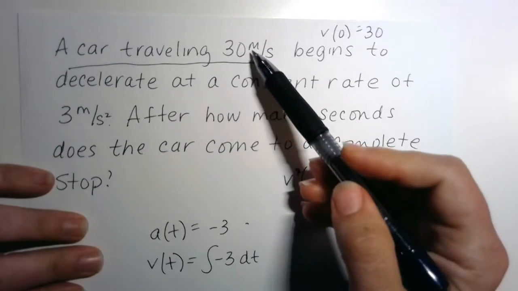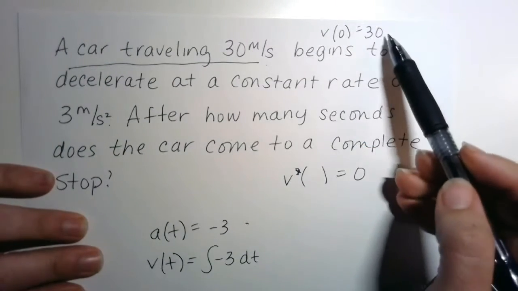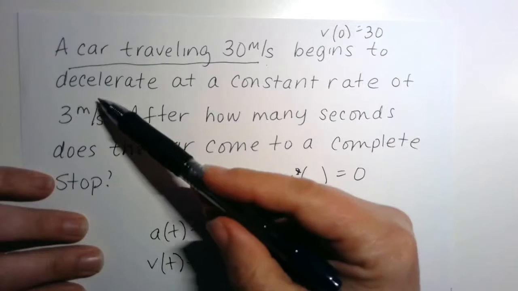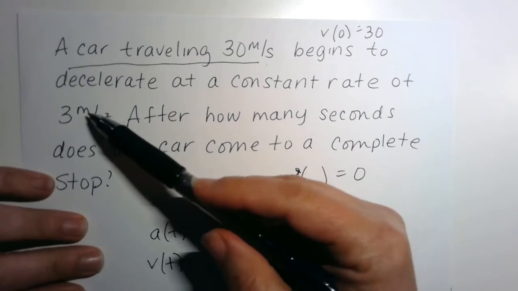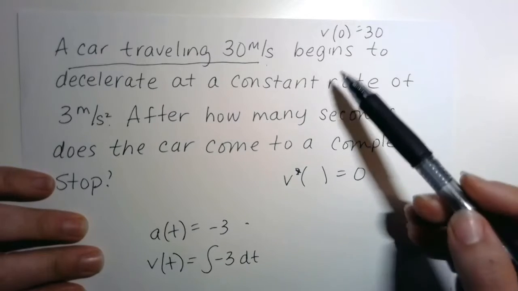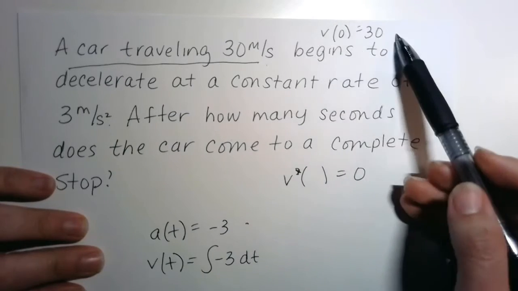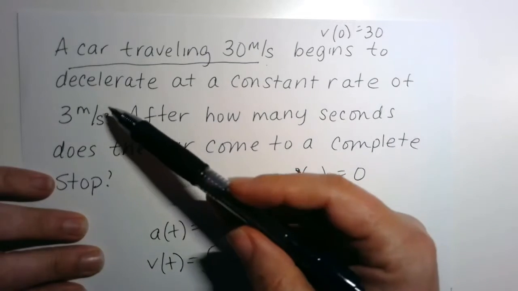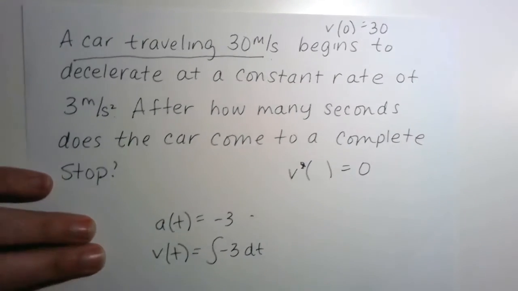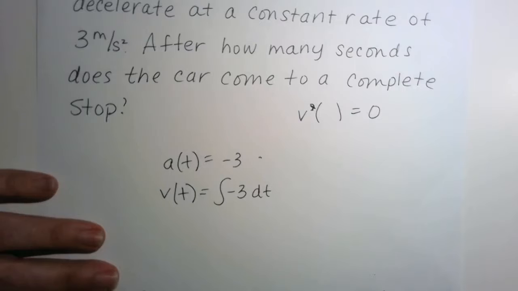When I'm in meters per second, that's the velocity. Whenever I have units over something squared, that's my acceleration. So we know that v of 0 is 30, and we know that a of t, because it's a constant rate, is negative 3. Decelerating means that it's stopping, so we say that's negative.